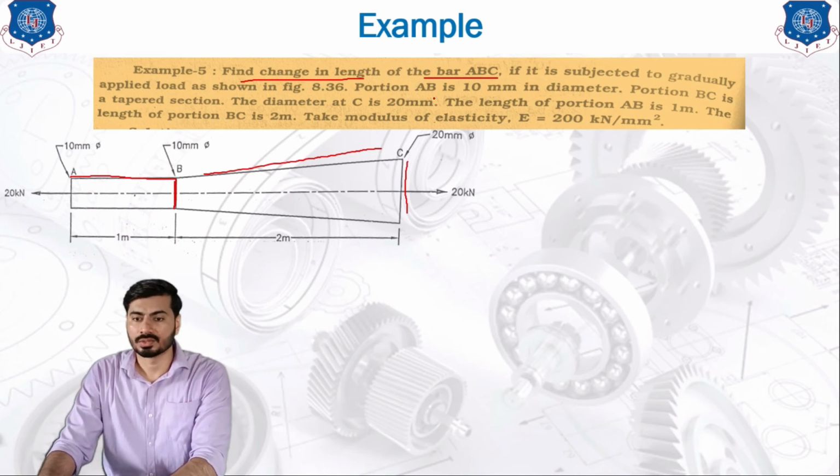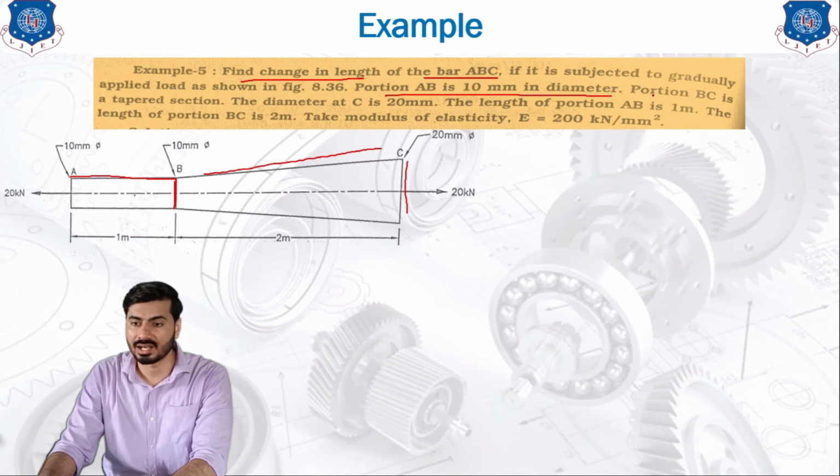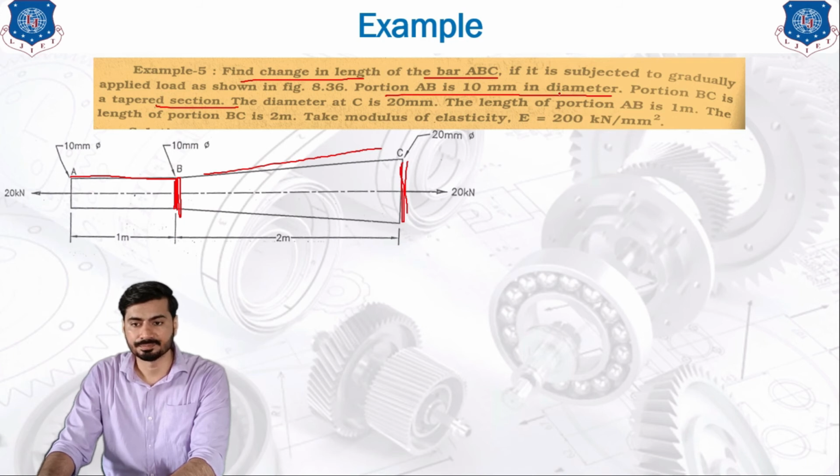Now if you look at the portion AB, it is 10 mm in diameter, which is given in the data. Portion BC is a tapered section, but we know that the AB section has a 10 mm diameter, so this diameter is known as 10 mm. Now we need another diameter at this point, which must be given in the data.